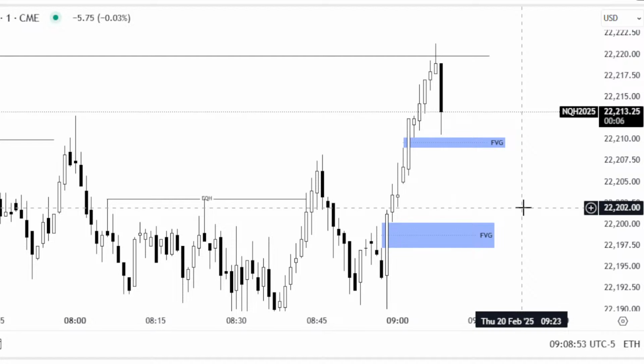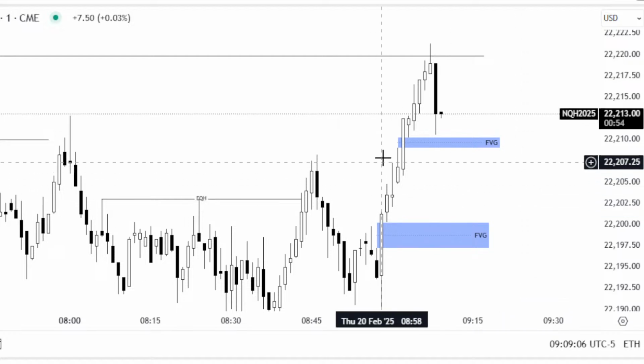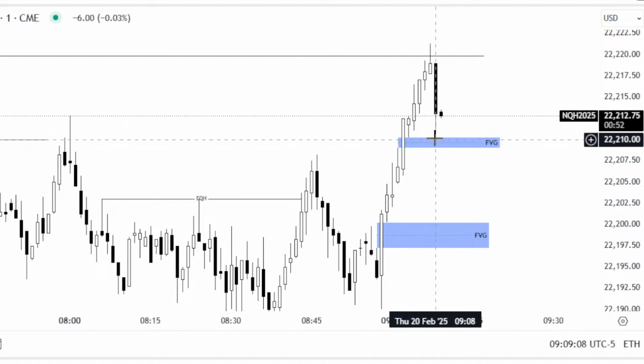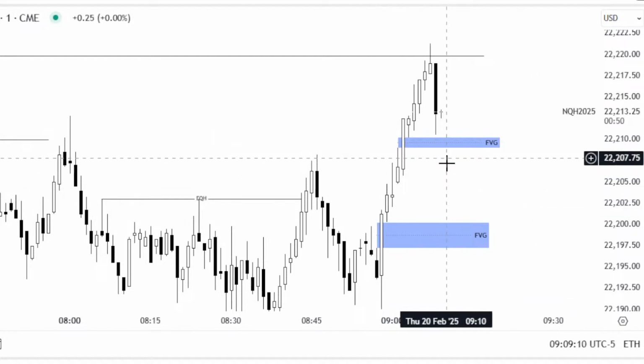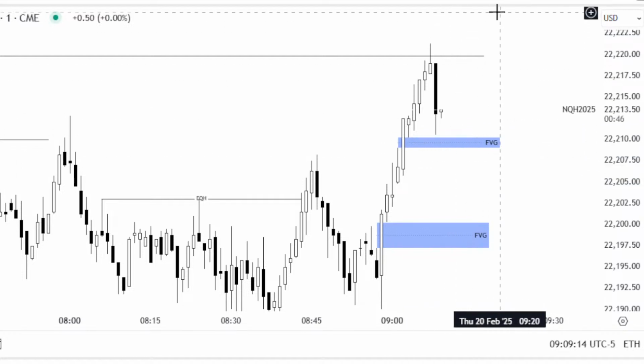Even with that black candle, I can't just take it blindly thinking we're going to go down from here. I mean, little equal lows on top of this fair value gap. And we could see something spike in there and then carry on higher.